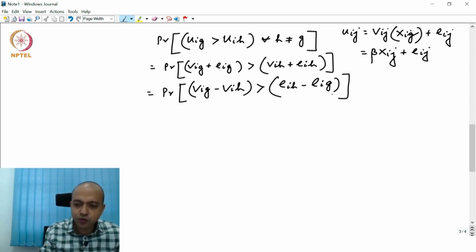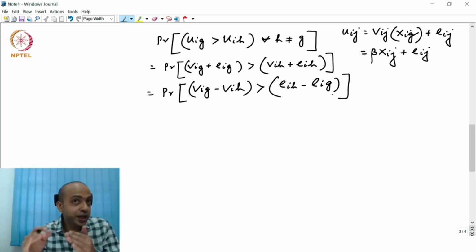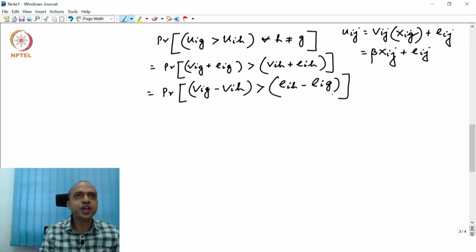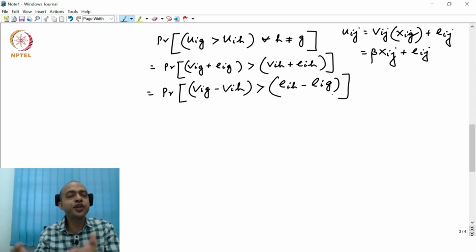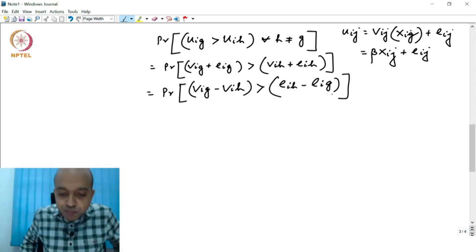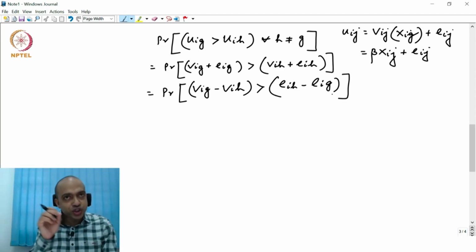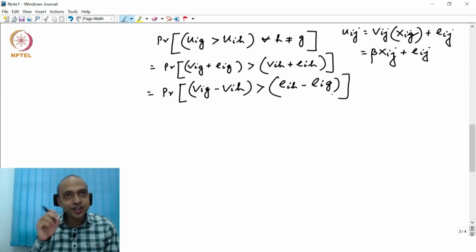an explicit form of this probability. Unless we get an explicit expression for this probability, it is not possible to estimate this, right? How will you estimate this probability econometrically? Because this is an implicit function. This implicit function needs to be explicitly mentioned for econometric estimation.